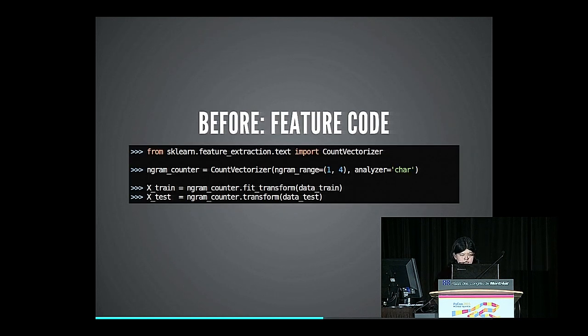All right, so let's think about how to add those features. This is actually the code from before when we were doing the n-gram feature extraction, and you can see that we had to do a few things. After initializing the count vectorizer, we had to call fit transform and transform on the training and testing data.